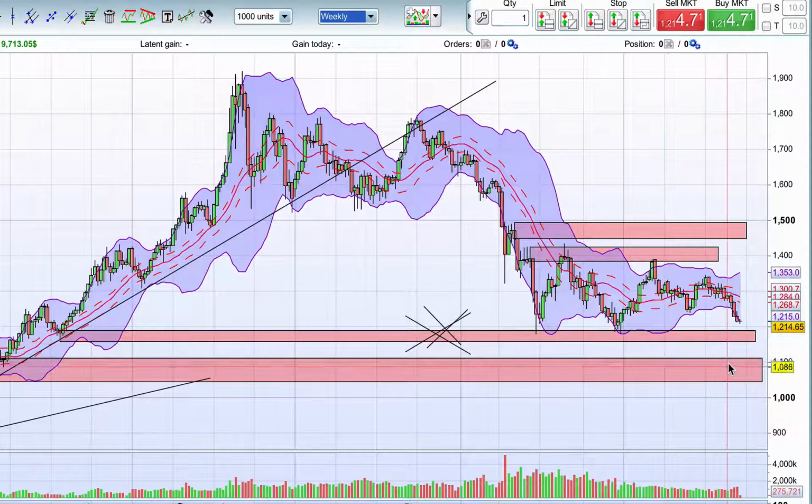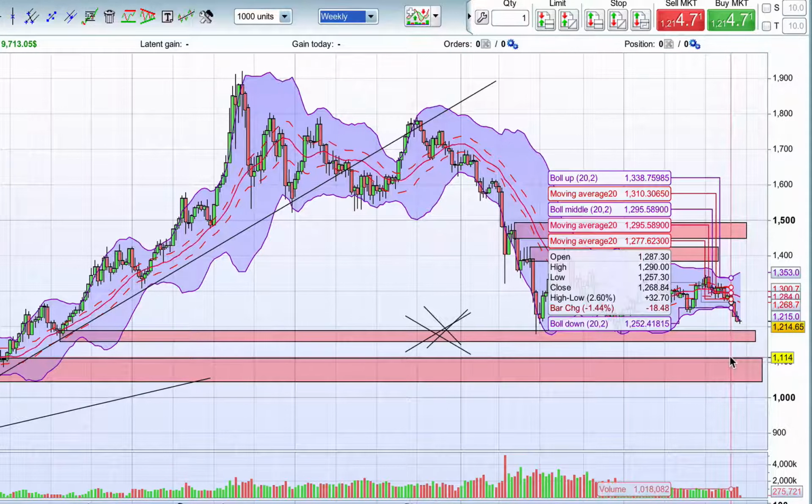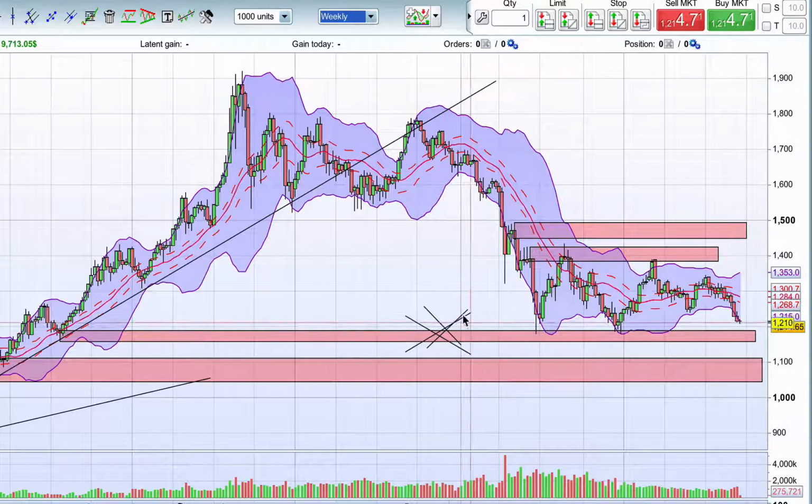So we can easily see that this zone here would be the next significant level. Between 1042 on this weekly zone all the way up to 1114 will be the next zone if this 1150 to 1180 zone is taken out. This will be your next level.